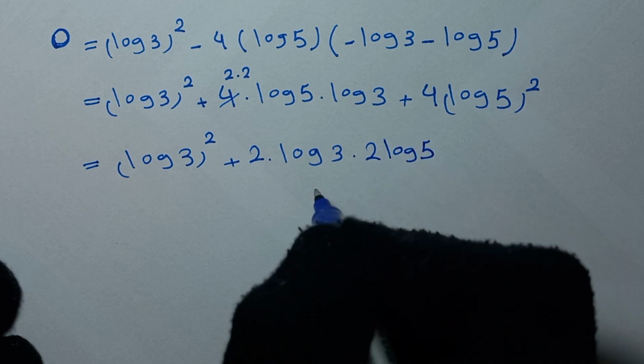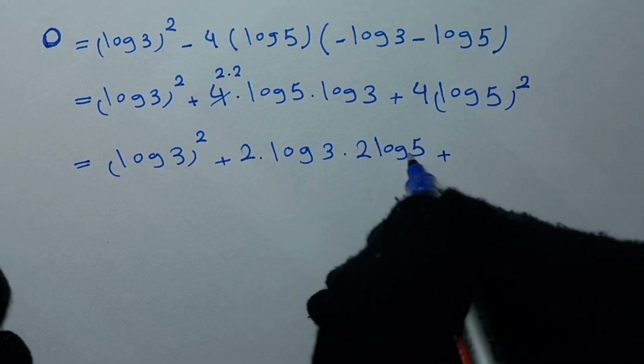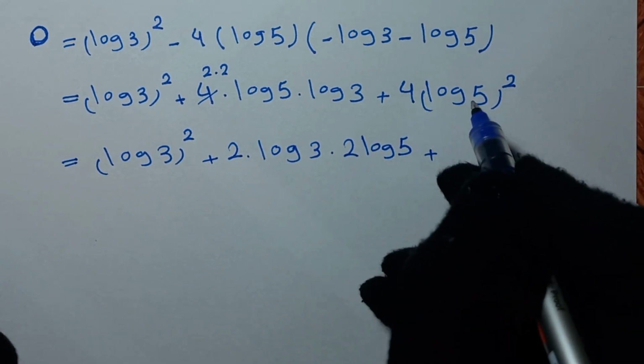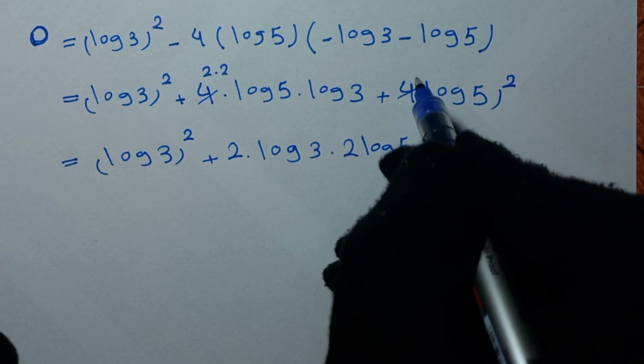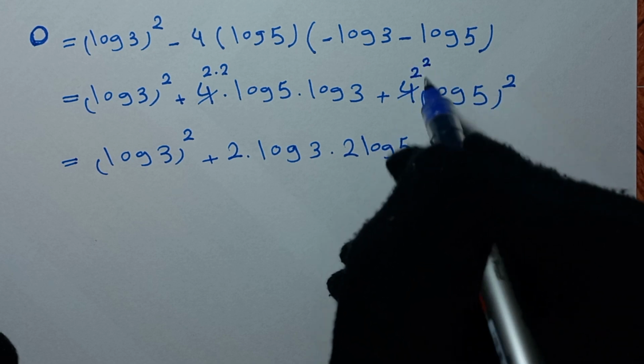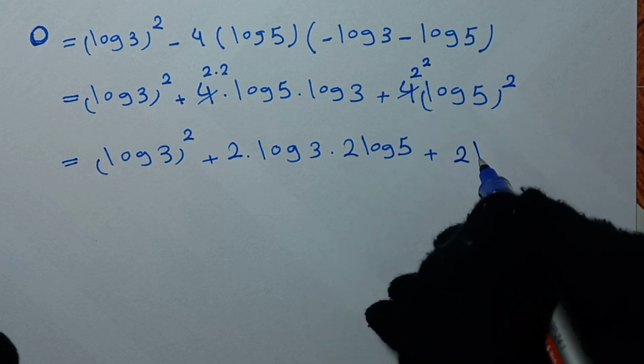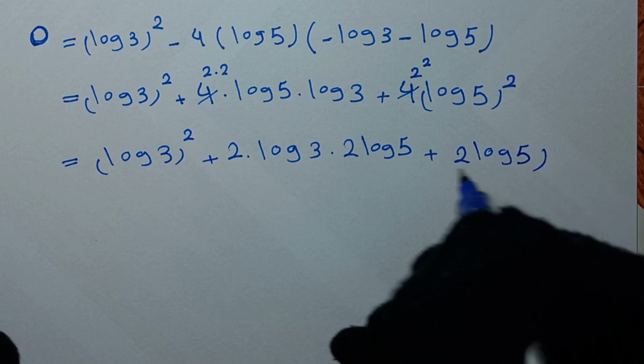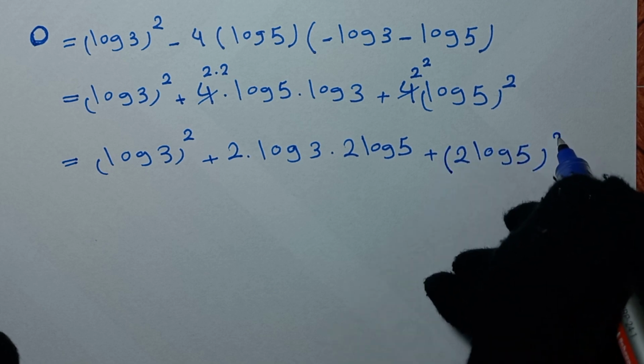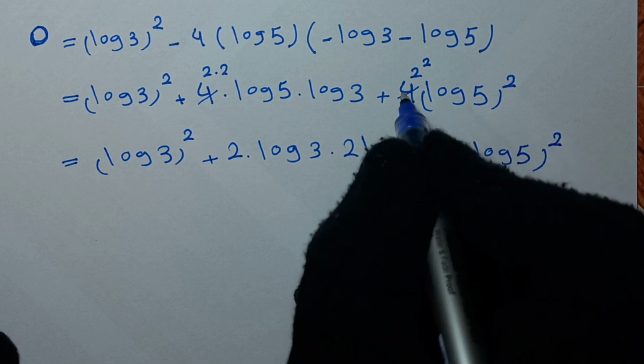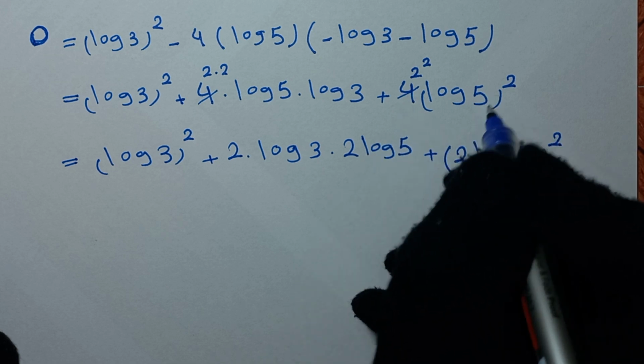log 5. And plus, in here we have 4 times log 5 to power of 2. And 4 is 2 to power of 2, right? So in here we can write this as (2 log 5) to power of 2, right? 2 to power of 2 is 4, and log of 5 to power of 2 is this.